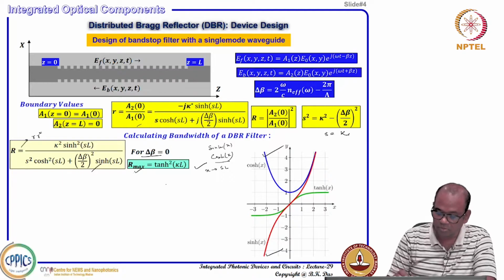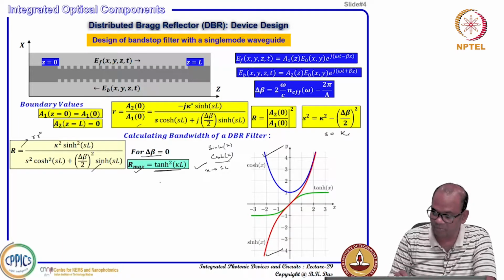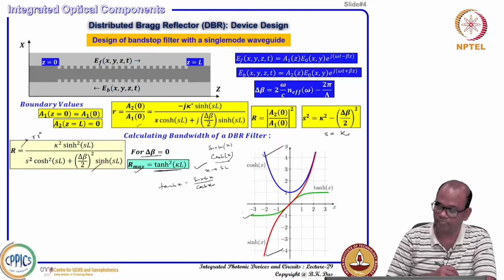Since the tan hyperbolic function is also represented, it follows a simple formula: tan hyperbolic x equals sine hyperbolic x divided by cos hyperbolic x. If you divide these two, you get this green curve, which is tan hyperbolic x.